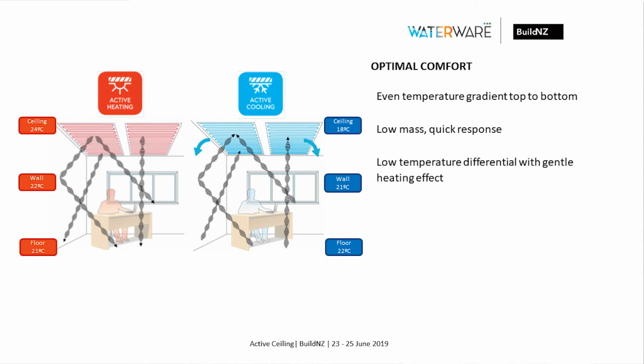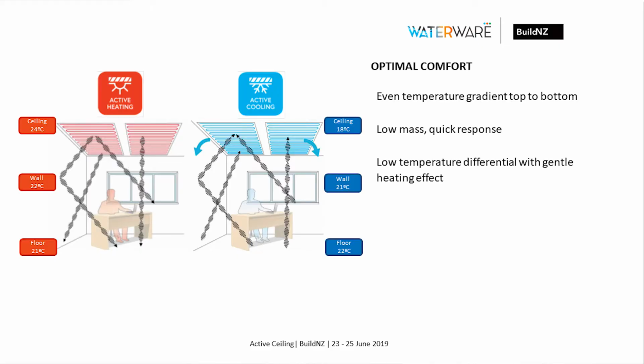Because of our very large surface area, we only need a small difference in temperature to be able to pull out that much energy from the room. So when you're looking at the system when it's operating in cooling mode, at the top of the room will be 18 degrees, at the middle of the room will be 21, and then at the floor will be 22. So there's a very small difference in temperature from top to bottom, and then none from left to right.